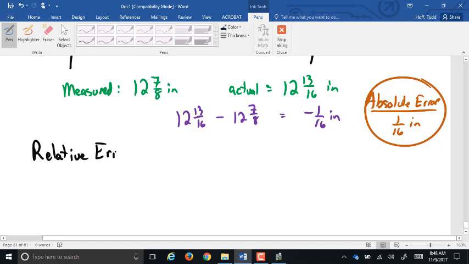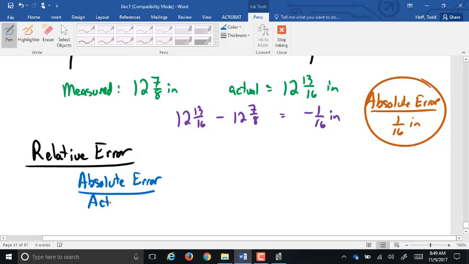Next, we have a relative error. A relative error depends on the size of what we're measuring. Relative error is the absolute error divided by the actual value.